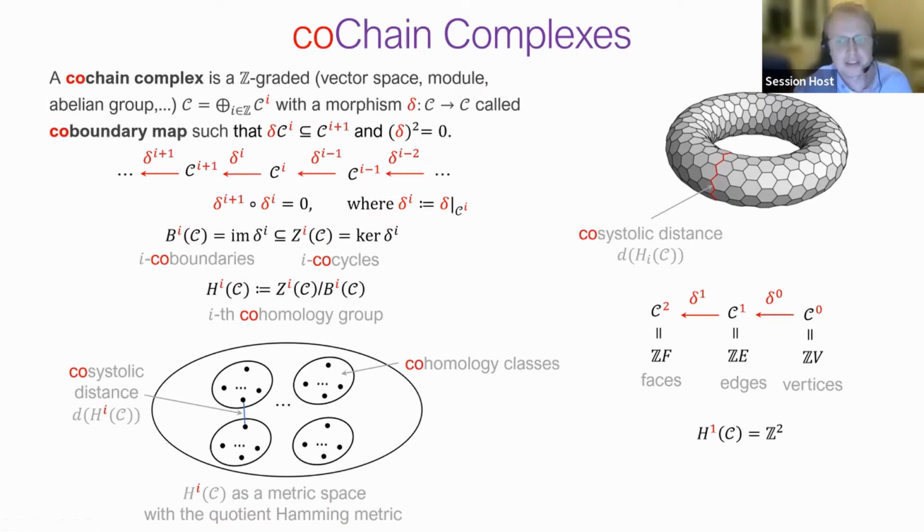You can also consider a dual notion where you reverse all arrows and add the prefix co to each definition, and you also have the distance for this cochain complex. This duality corresponds to the fact that for quantum codes we have X and Z errors, which are also in some sense dual, as you know, and this corresponds to the duality of chain complexes.